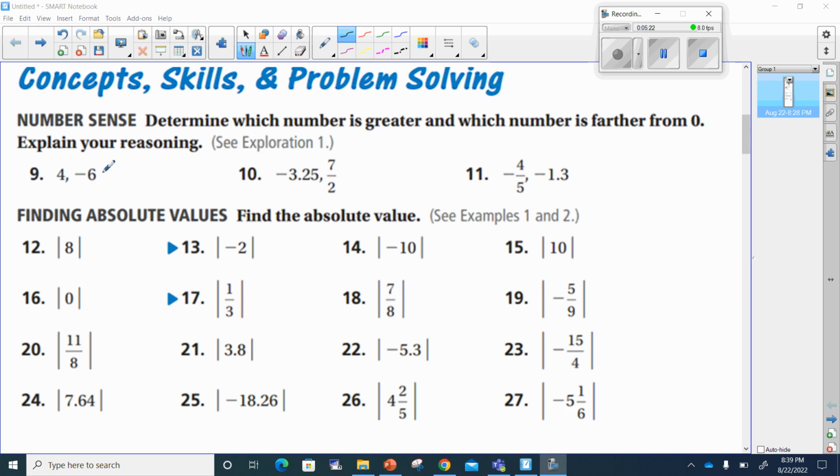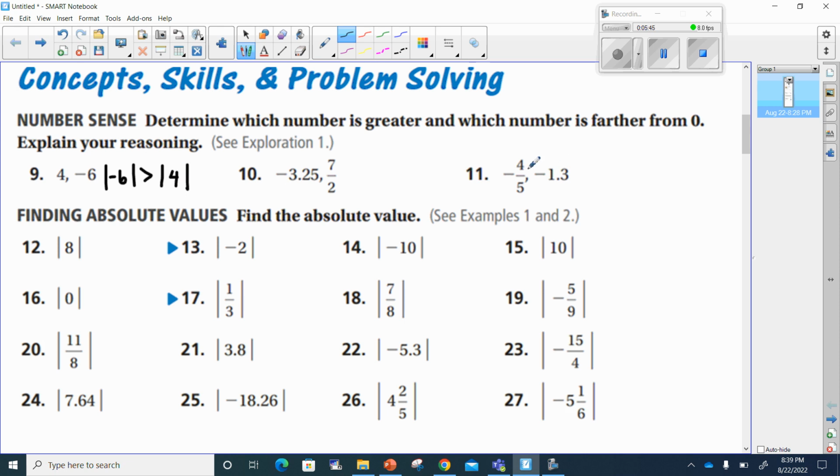All right, so if I'm doing this, I'm going to take 4, and that's 4 away from 0. Negative 6 is 6 away from 0. So the absolute value of negative 6 is greater than the absolute value of 4.